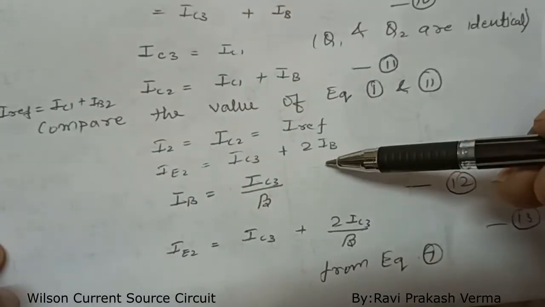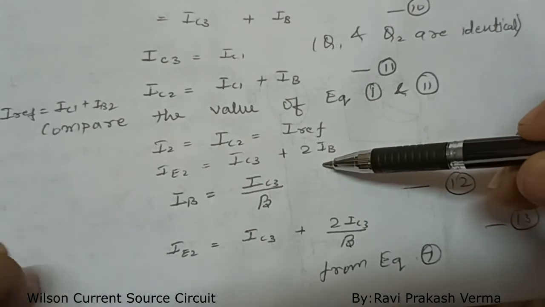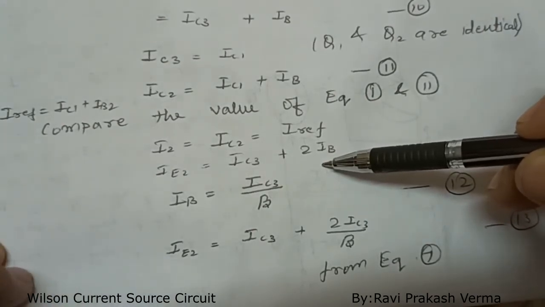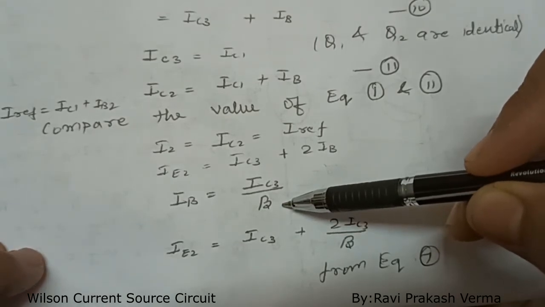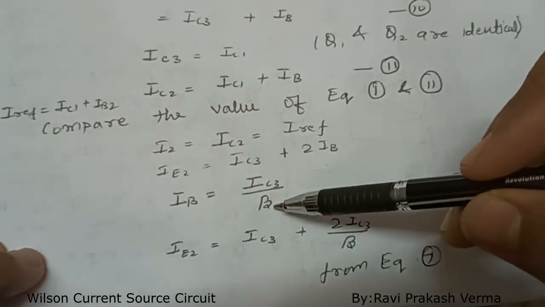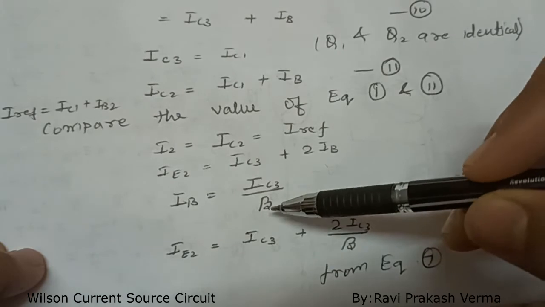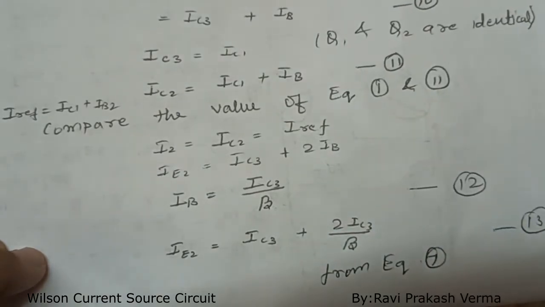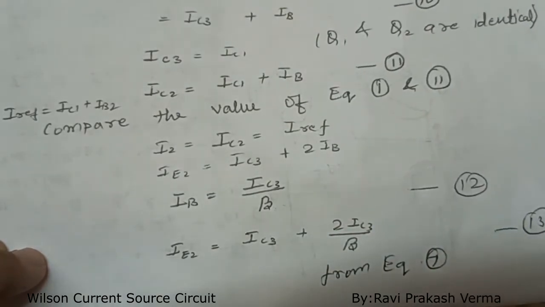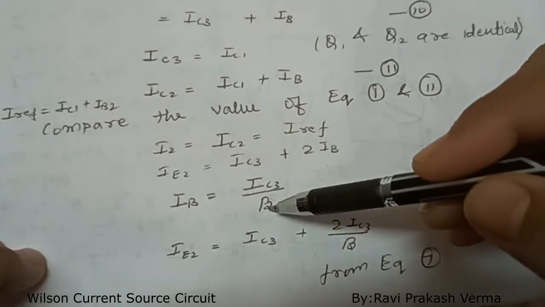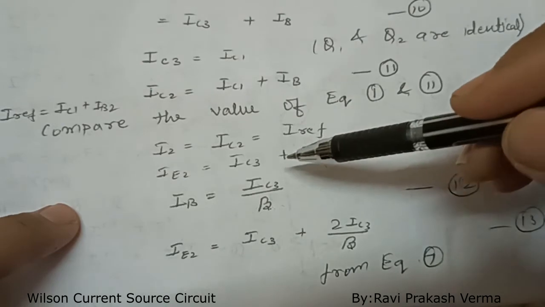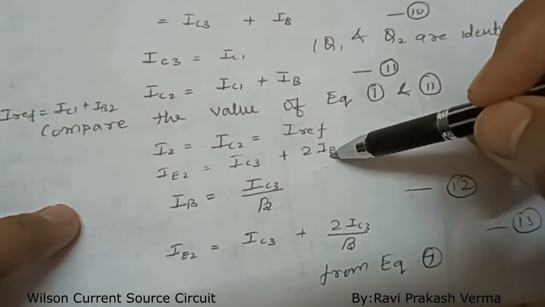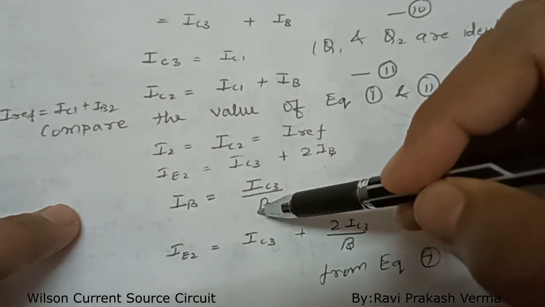From equation number 5, we have obtained IE2 is equal to IC3 plus 2 times IB, and we know the relation of the current gain of a common emitter configuration is represented by beta, which is the ratio of collector current to base current. So we replace IB in this equation in terms of beta.